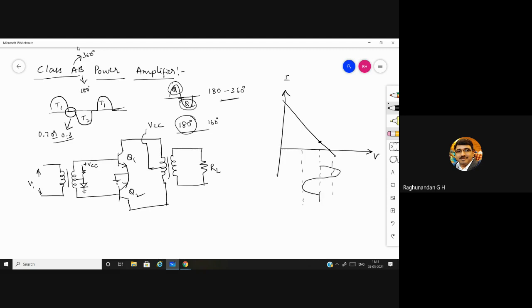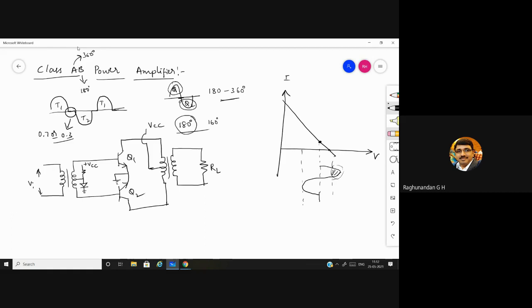You can see that this portion comes after the cutoff region. So what happens to this portion of the signal? It's clipped off, sir. Yes, it is going to be clipped off or removed, because this cycle will come after the cutoff region.